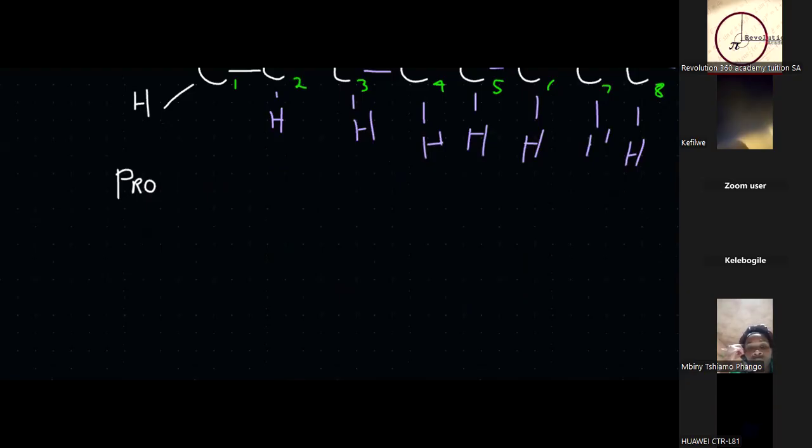So propene, remember, it's an alkene, and as long as it's an alkene, it must have "-ene" as the name ending. An alkane that has 3 carbon atoms, we call it propane, because the name ending is "-ane" and then it's an alkane. In this case, it's going to be propene because the name ending is "-ene."